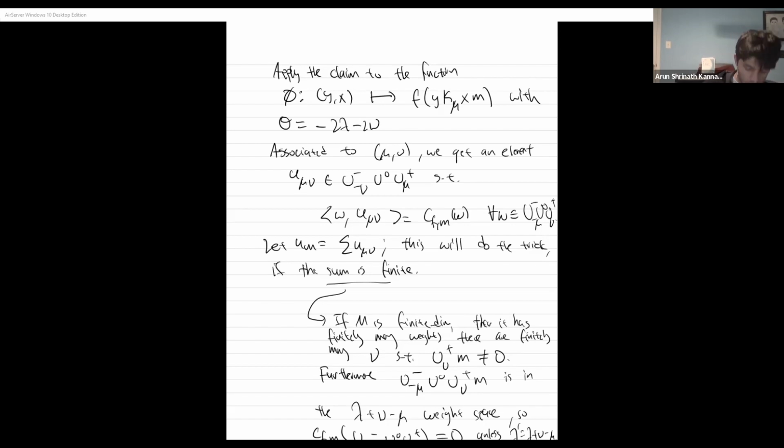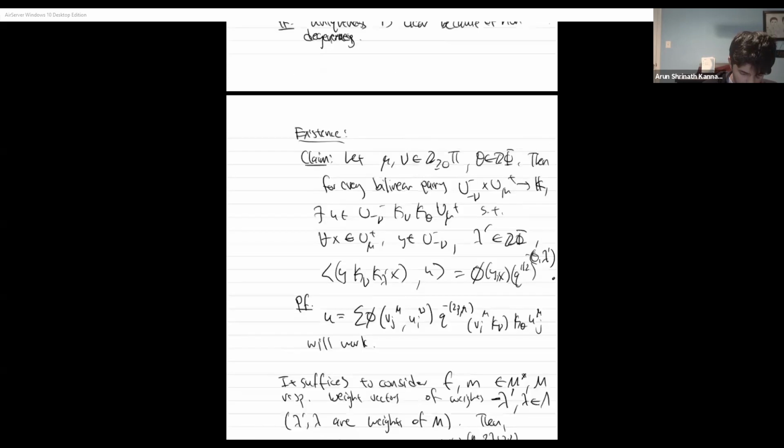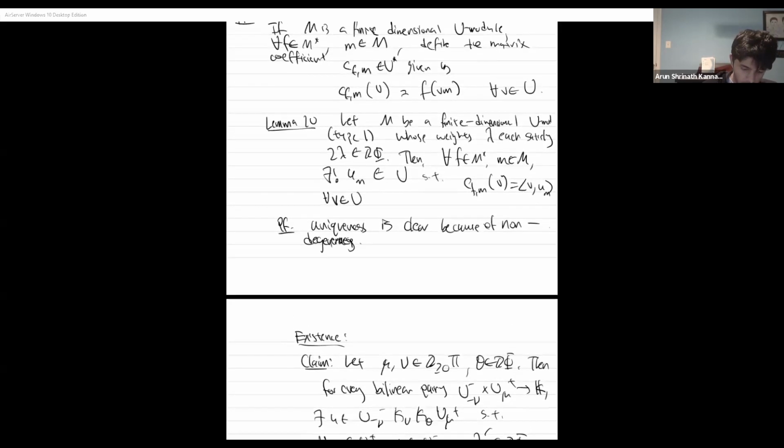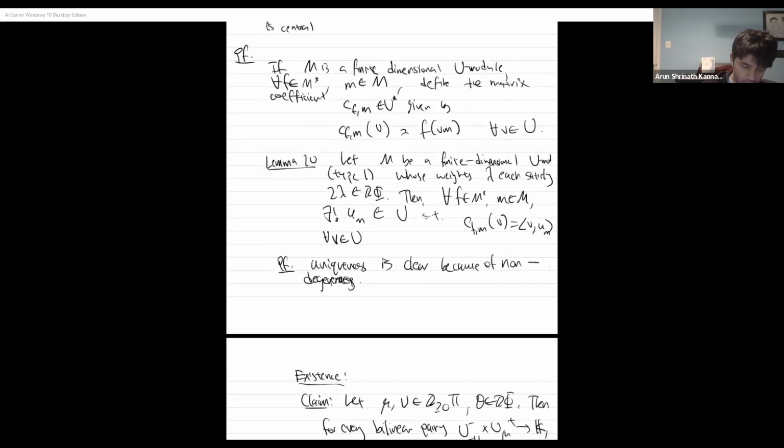Okay, so all this work was just to prove this lemma, which shows that we can find a UM associated to a matrix coefficient if we have this assumption on the weights.